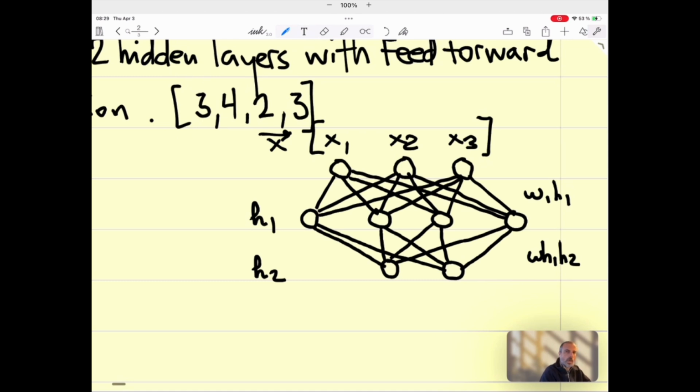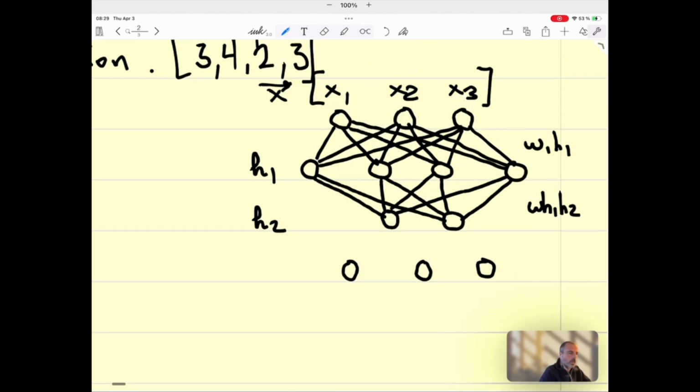And then we have an output vector, let's say 1, 2, and 3 again, which is going to be our output layer.